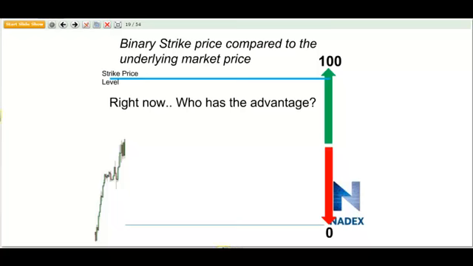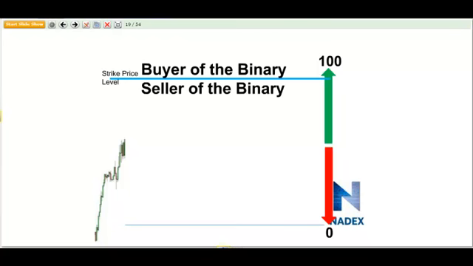Right now, who has the advantage? The buyer of the binary wants it to be over that strike. Think of the strike price as a line in the sand. If it's a seller, I want it to finish below.